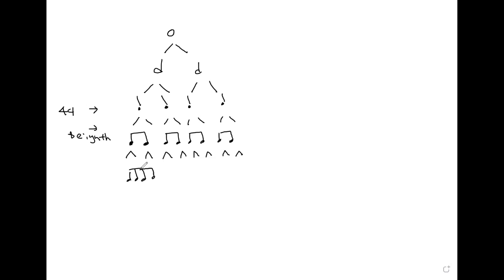Let me just link all the 16ths here. So an eighth note has two 16ths. So we have 16 notes, right? Okay, and then we can divide it. This is 16, and we can divide further into 32 and 64, but let me stop here, okay?